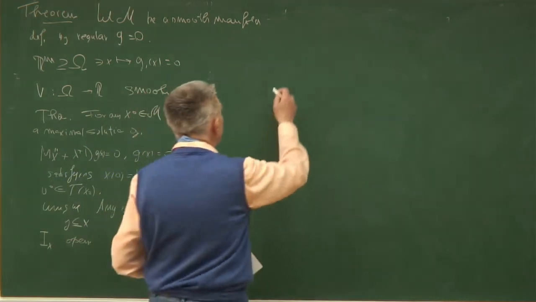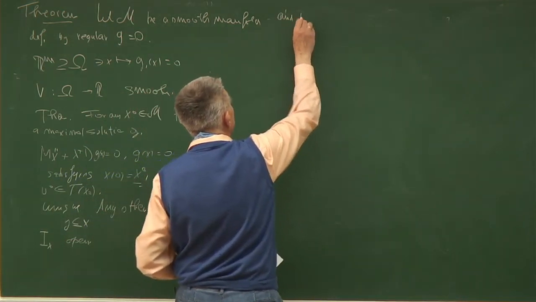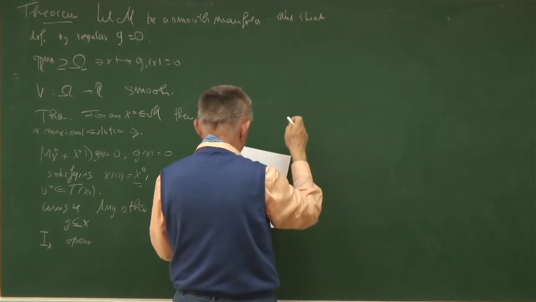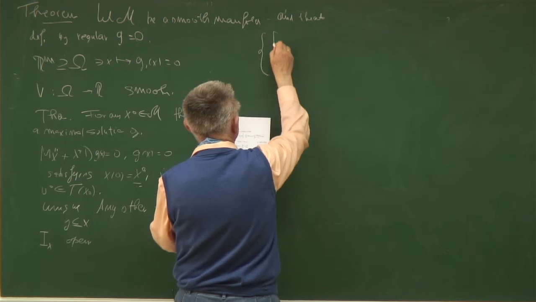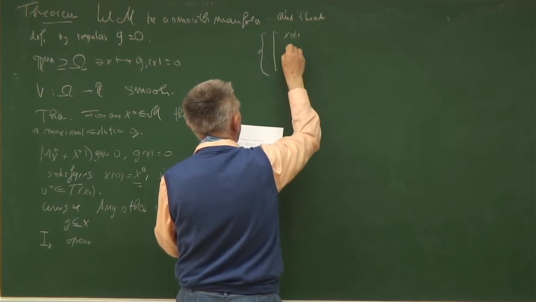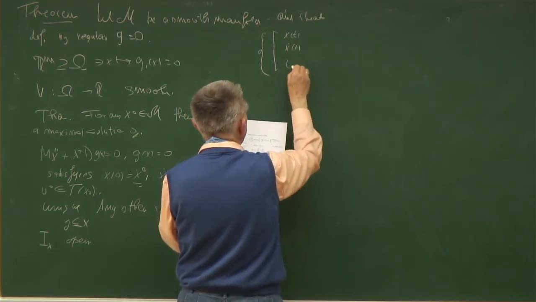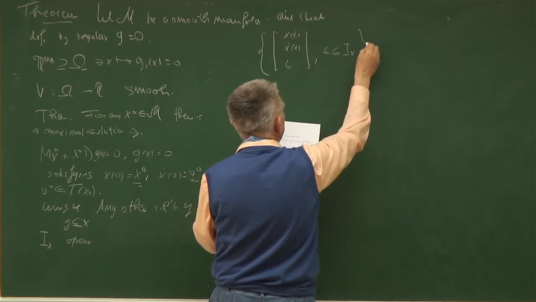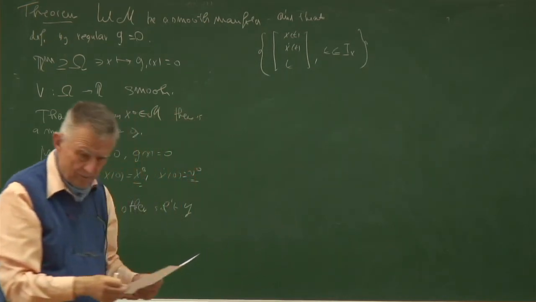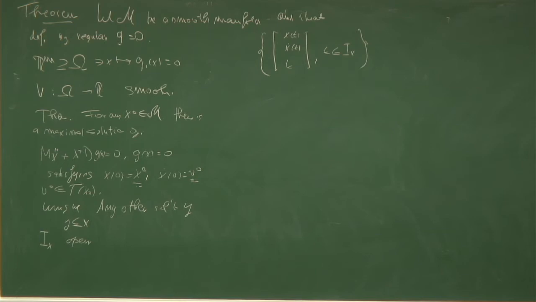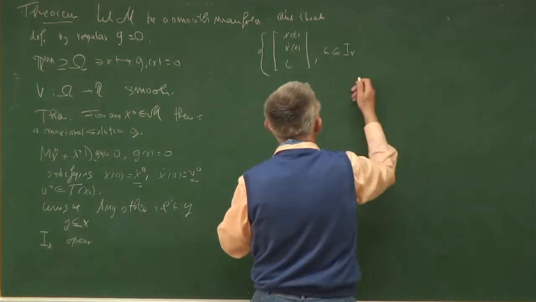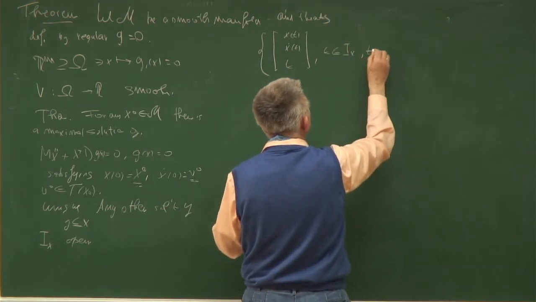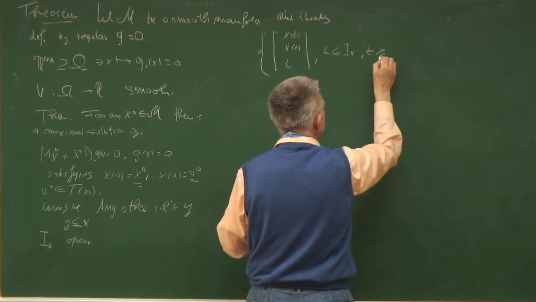And the set x of t, x dot of t from I, sets equal or less or equal to 0 respectively.